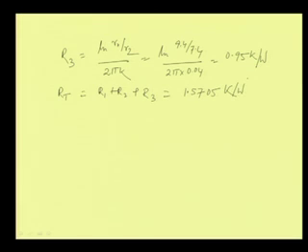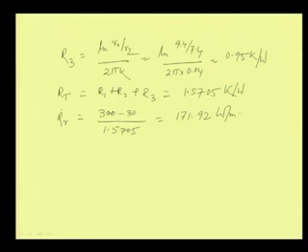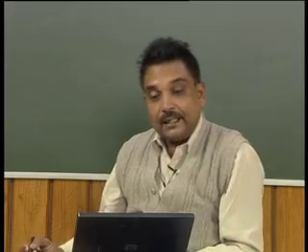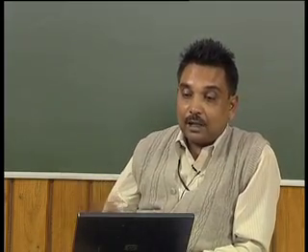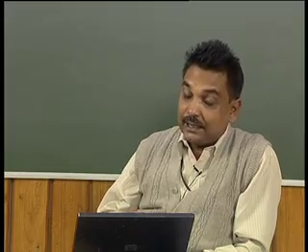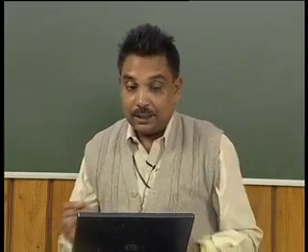And so, the heat transfer rate Q dot R in the radial direction, the driving force is 300 degree centigrade minus 30 degree centigrade divided by 1.5705, the total resistance, and its value becomes 171.92 watt per meter. So, the heat transfer rate in the radial direction from the steam pipe to the environment is 171.92 watt per meter length of this pipe.